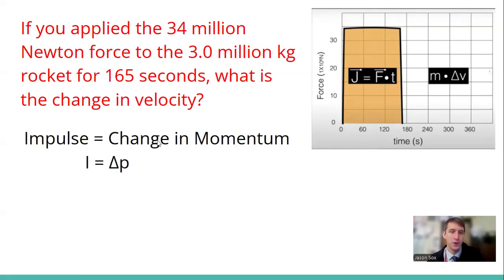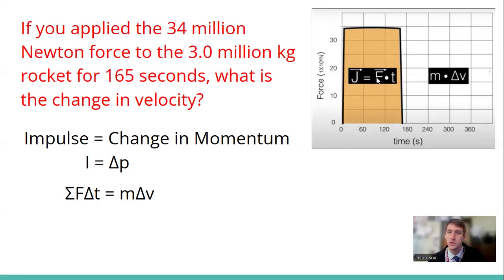So here's that impulse-momentum equation. These two things are equal. They're synonymous with one another. The I, representing the impulse, is equal to the change in momentum. If the words mean the same thing, we can set them equal to one another.